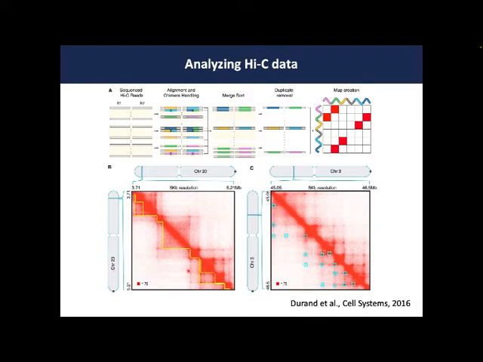Here, if we see this red dot in this location, that means in chromosome 20, this sequence and this sequence are found together as a single read in linear genome sequencing. So this region, and probably the region around here, interact together.